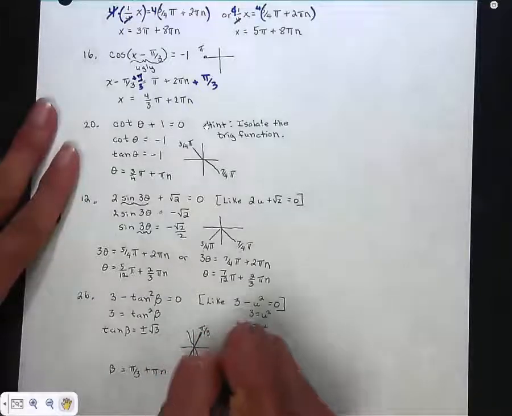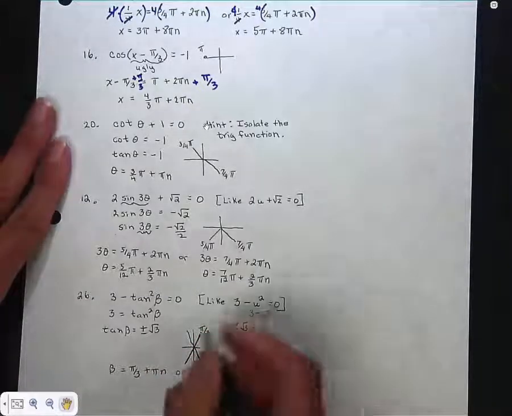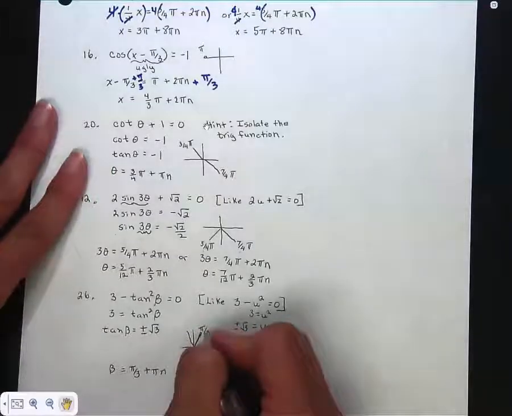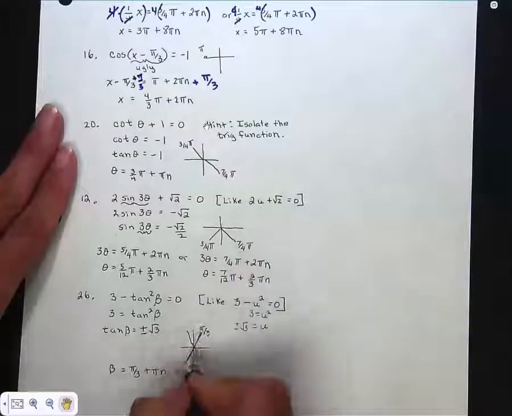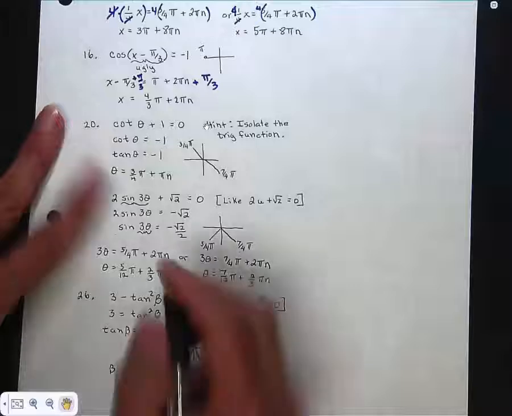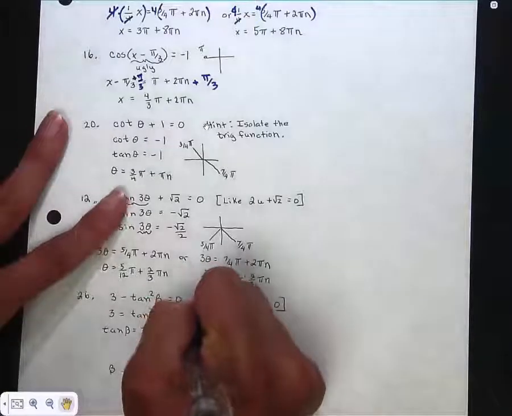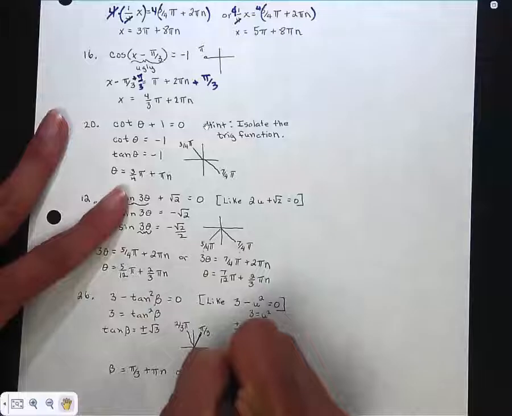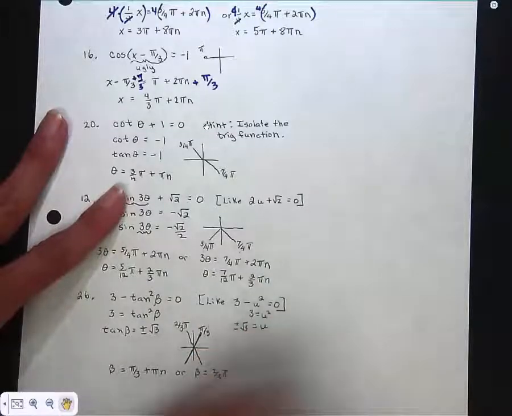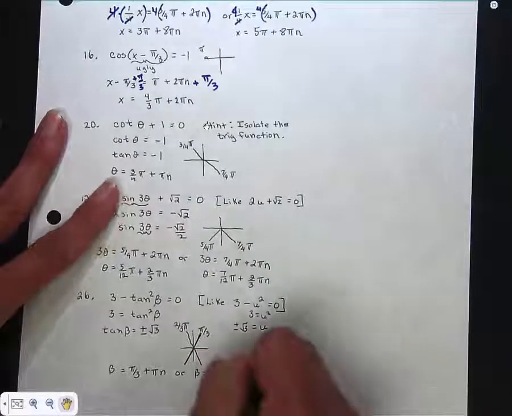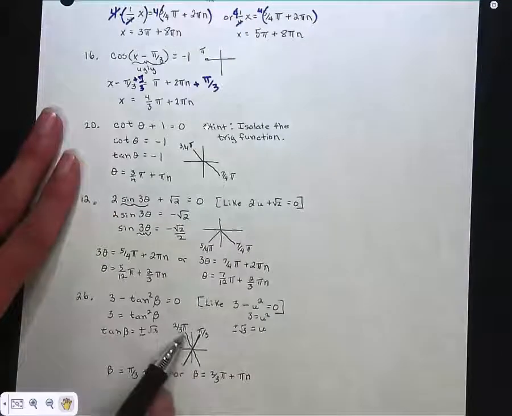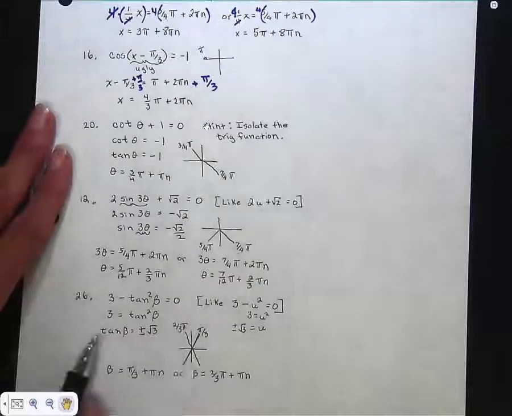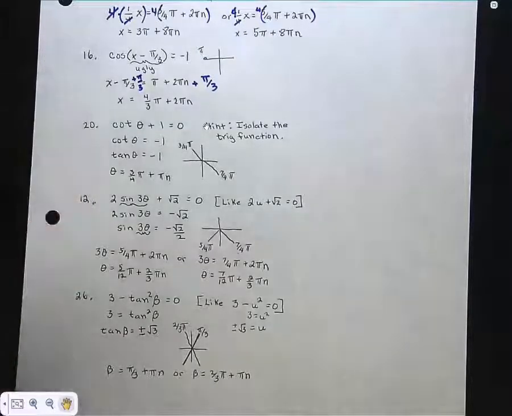But then I'd have to write another solution as 2/3 pi, and infinitely many multiples of pi n would give me all the second and fourth quadrant angles where tangent is negative square root of 3.